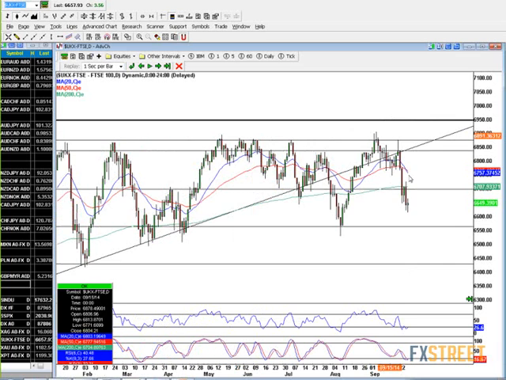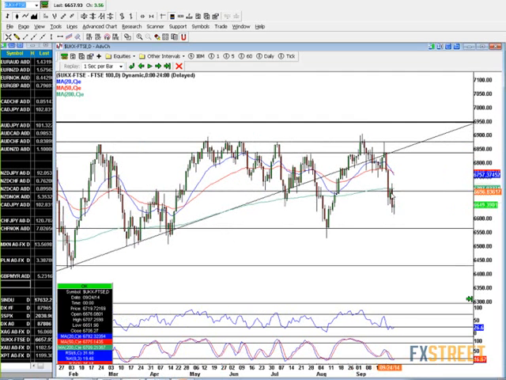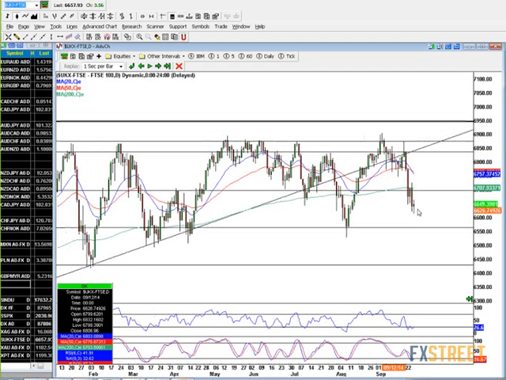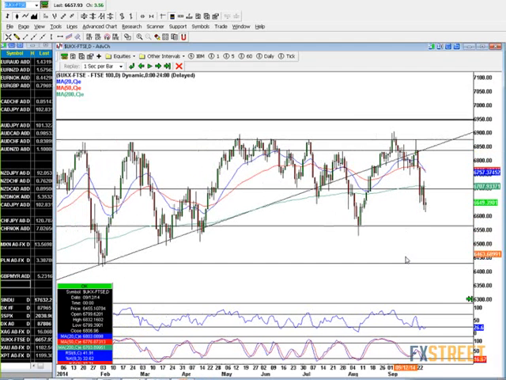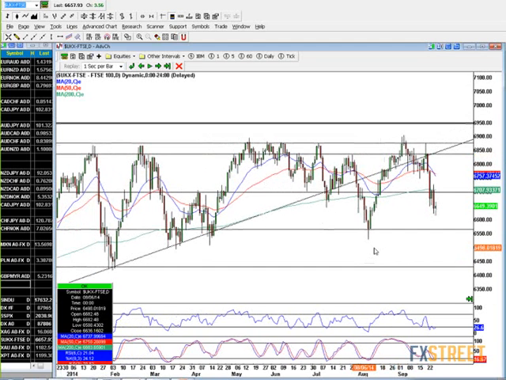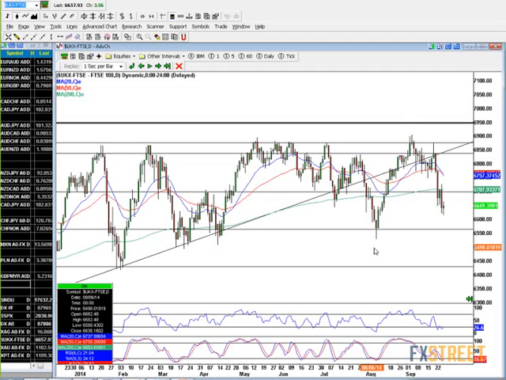But you can see that even in the face of the no camp winning and Scotland remaining a part of the Union, the FTSE still went down anyway. So I would always say trade what you see, not what you think. It's very important to do that when you're looking at major reversals.